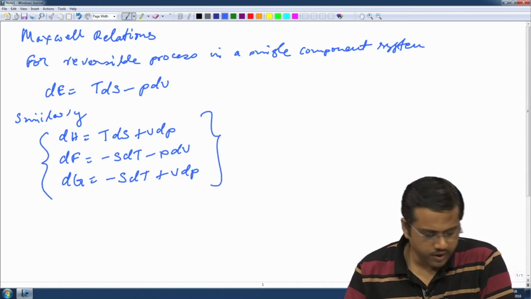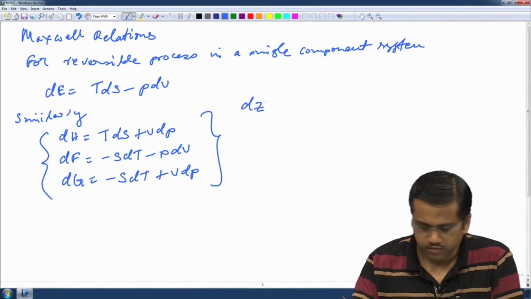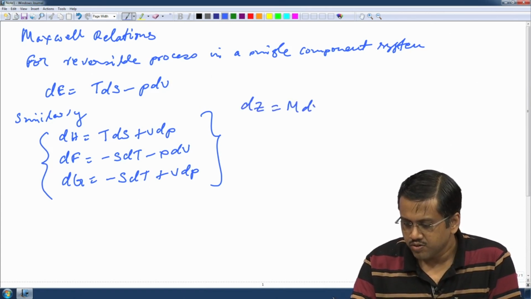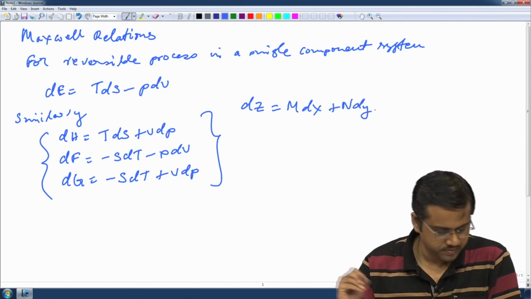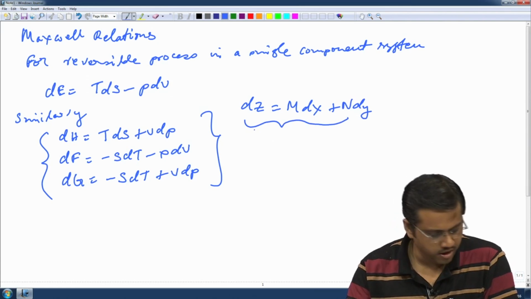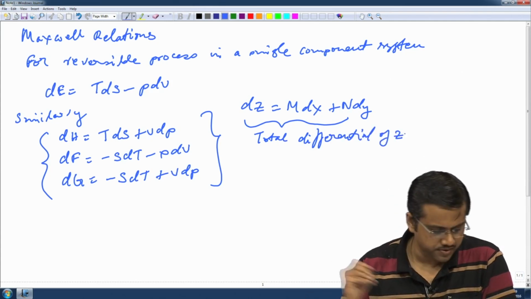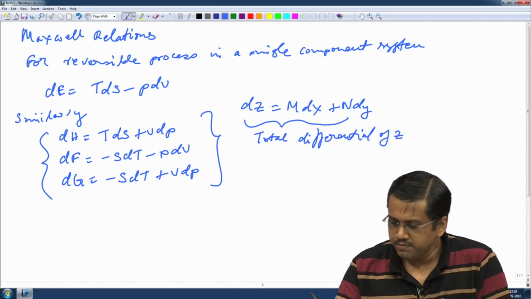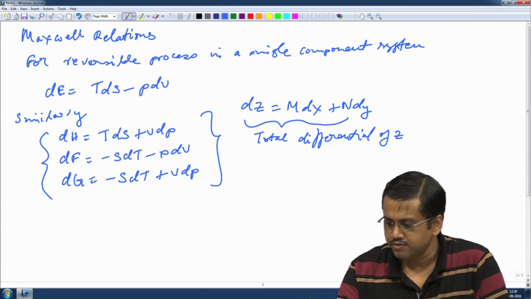Now if you look at all these forms, they all have a generalized format which is given as this. This is basically what we call the total differential of Z. All the forms exactly have that particular format.